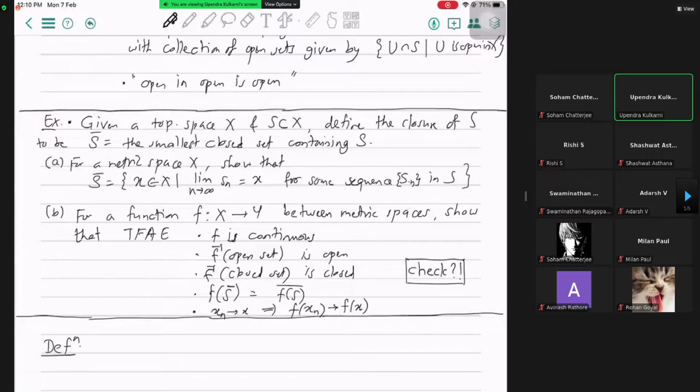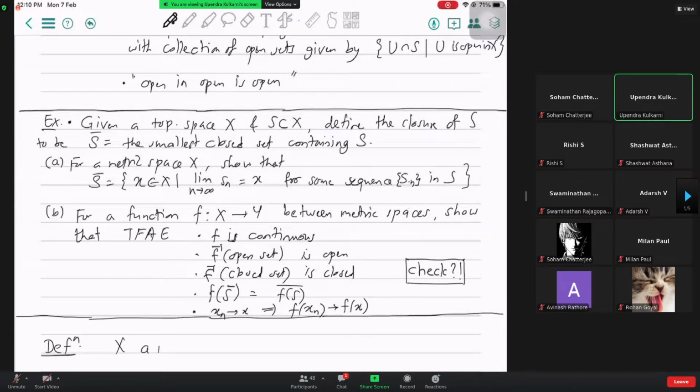X is a metric space, and S is a subset. So what is the TFA? The following equivalent. So TFA just means the following are equivalent. Right? And again, remember this exercise, we are going to get to all of this in class.